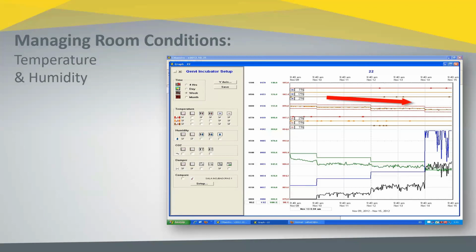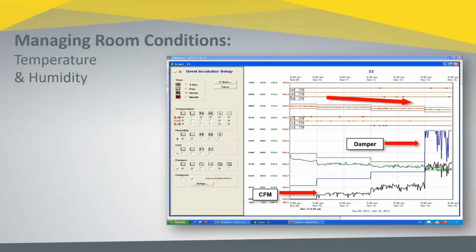And so when we talk about managing room conditions and consistency with single stage, we focus on the fact that the CFM is minimal or zero in the beginning, and it continually increases. We see that the damper opening, the blue line, starts at a relatively low point and then slowly builds open as the embryo continues to develop and therefore requires more oxygen.